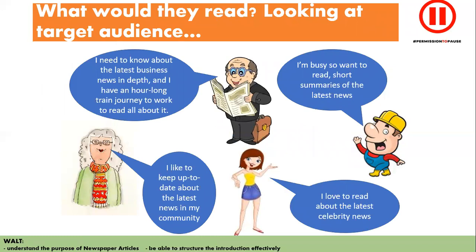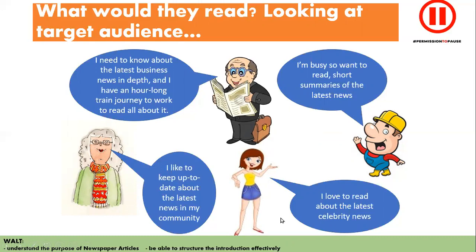Let's see if we can work out who would read those different types of newspapers. So we're looking at who would read broadsheets, who would read tabloids, and who would read local newspapers. Let's have a look at this first guy here. It says, I need to know about the latest business news in depth, and I have an hour-long train journey to work to read all about it. This guy here says, I'm busy, so I want to read short summaries of the latest news.